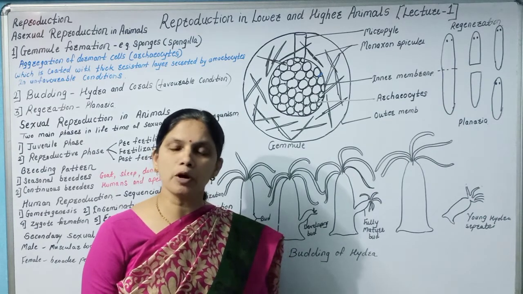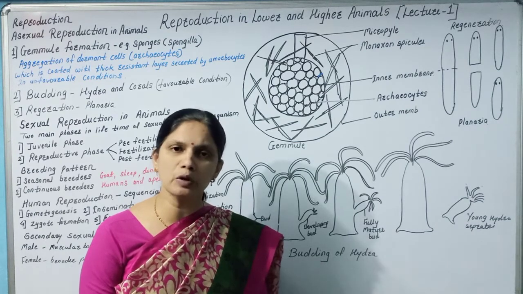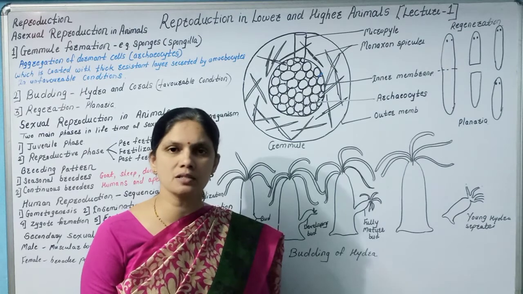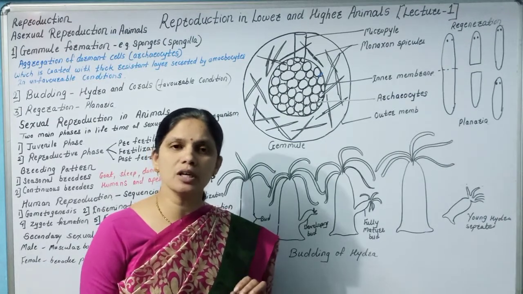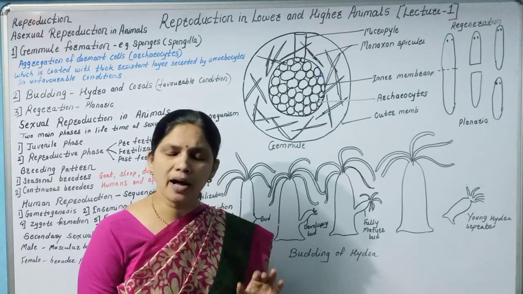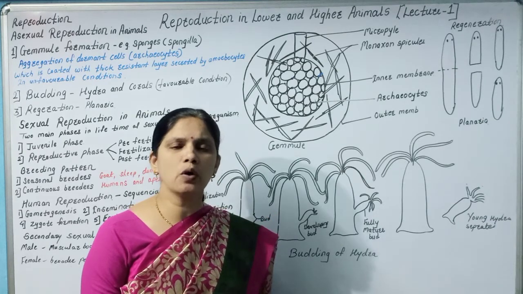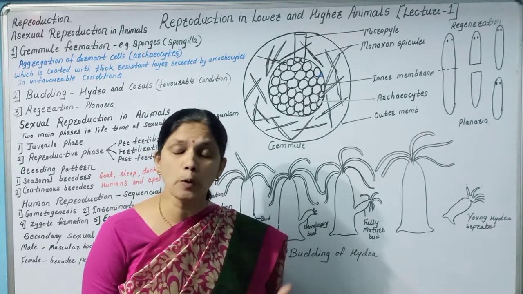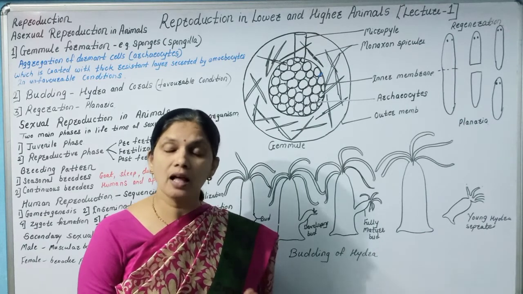Reproduction means formation of new life or a new living organism from a pre-existing organism. This is the ability of each living organism to form new offspring which are similar to their parents.